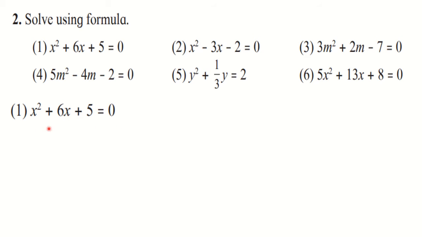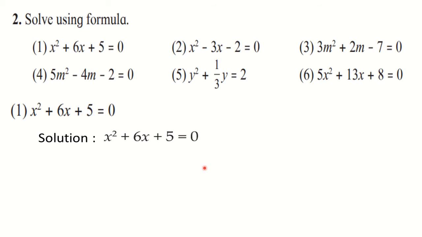First of all, observe whether the given equation is in standard form. Yes, the given equation is in standard form. So therefore, we have to write down the equation as it is in the solution because it is in standard form.